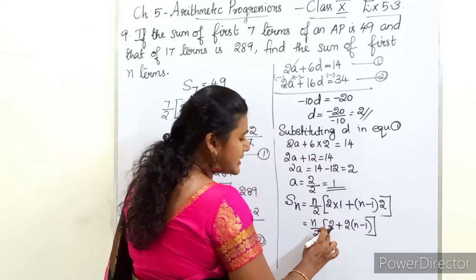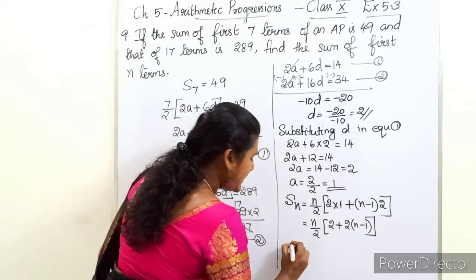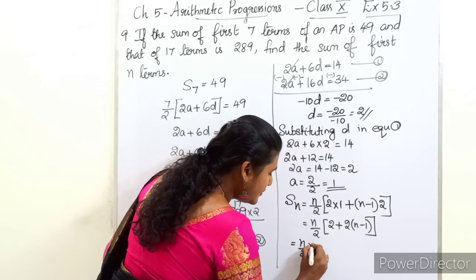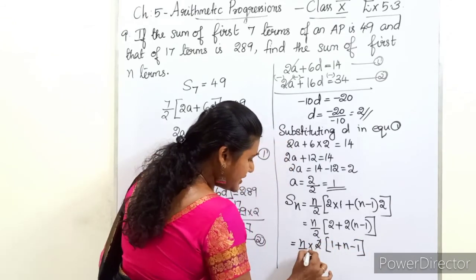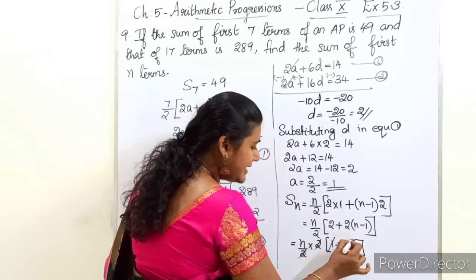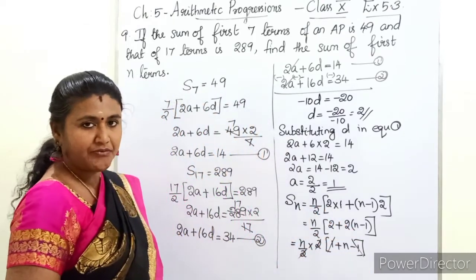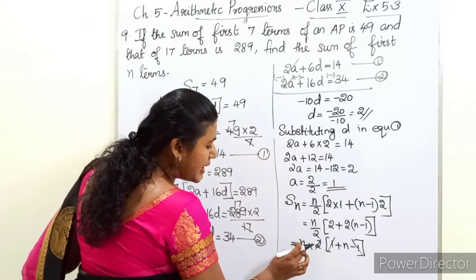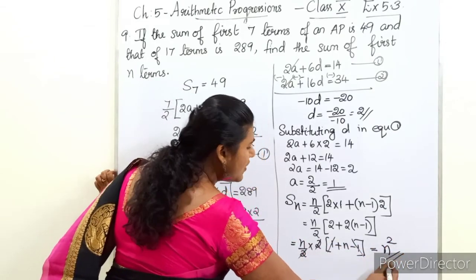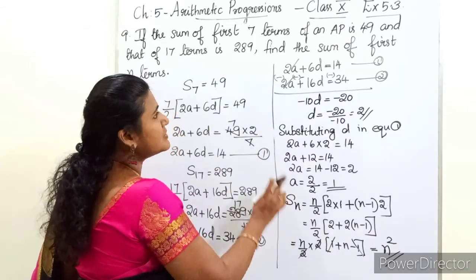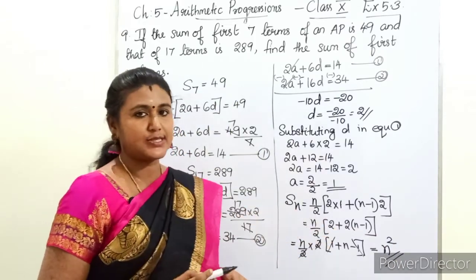From these two terms we can take 2 common. So n by 2 into 2 into 1 plus n minus 1. This 2 will get cancelled, and 1 and minus 1 will get cancelled. What is remaining? n into n, which is n square. So the sum of the first n terms of the given AP is n square.